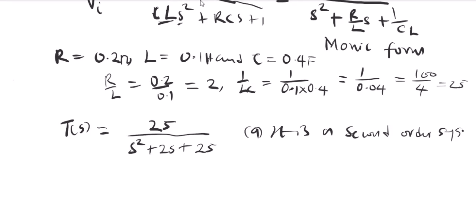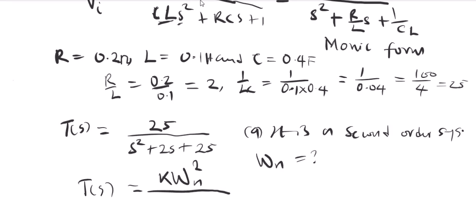Okay, let's go to B. This one asks us to evaluate the natural frequency. If you remember in the slide, we define the transfer function for a second order system to be natural frequency squared over s squared plus 2 times natural frequency times damping ratio s plus natural frequency squared.